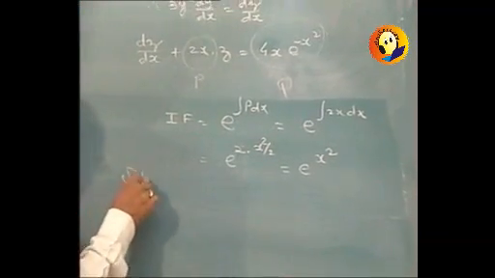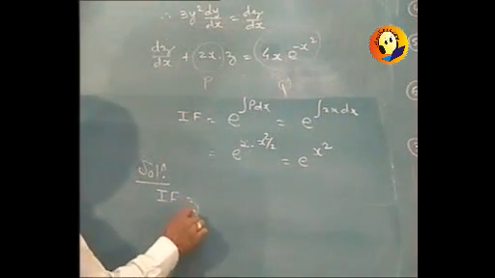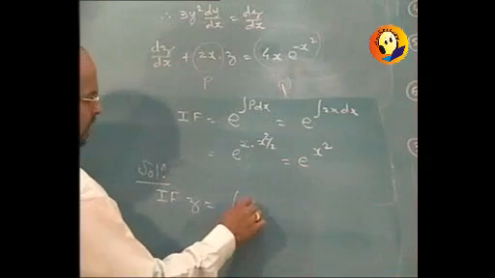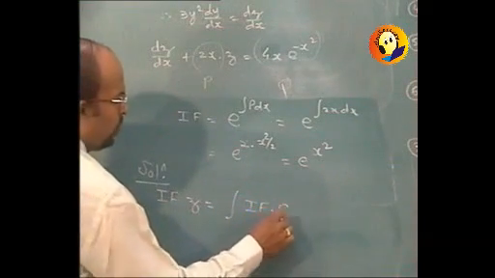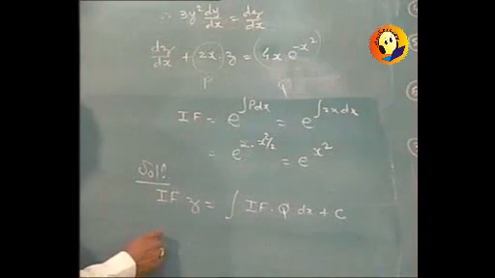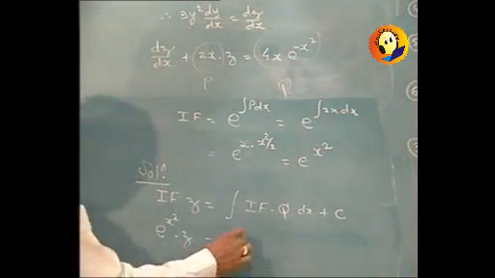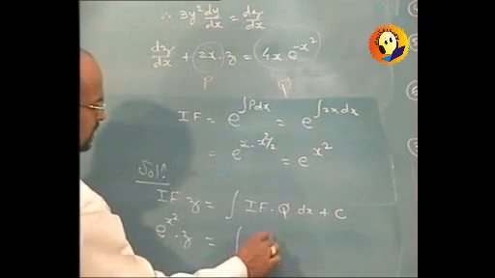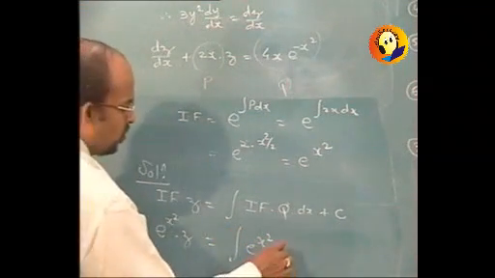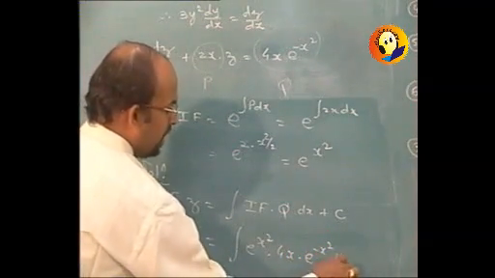Solution is IF into z equal to integral IF into q dx plus constant. So it will be e raised to x square into z equal to integral e raised to x square, q is 4x e raised to minus x square dx plus constant.